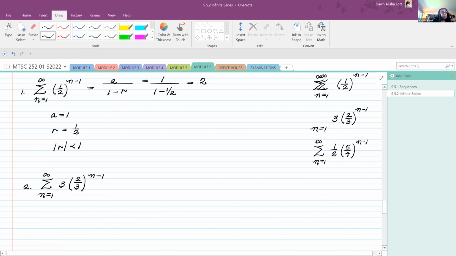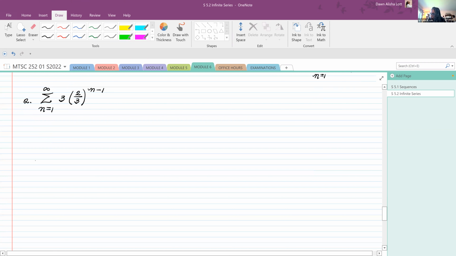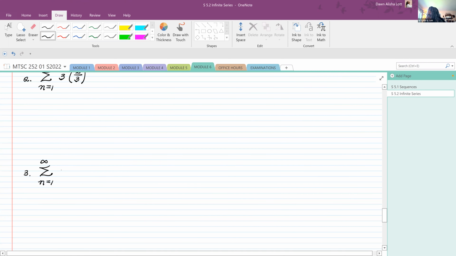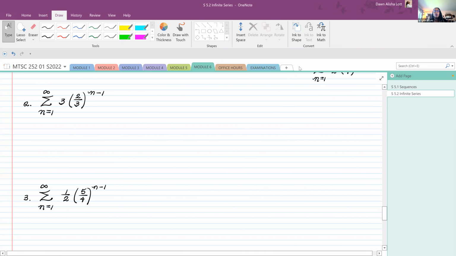So that's number 2. And here's number 3. The sum n equals 1 to infinity. I forget what I had. 1/2, 5/4 to the n minus 1. Okay, so while you work on those, I am going to take roll.